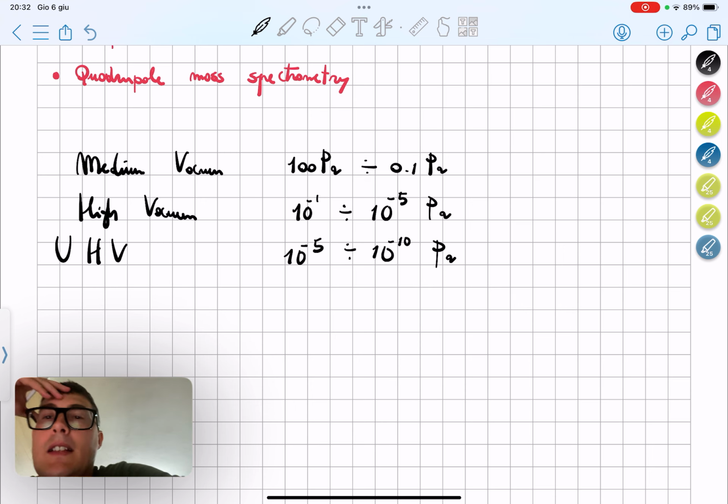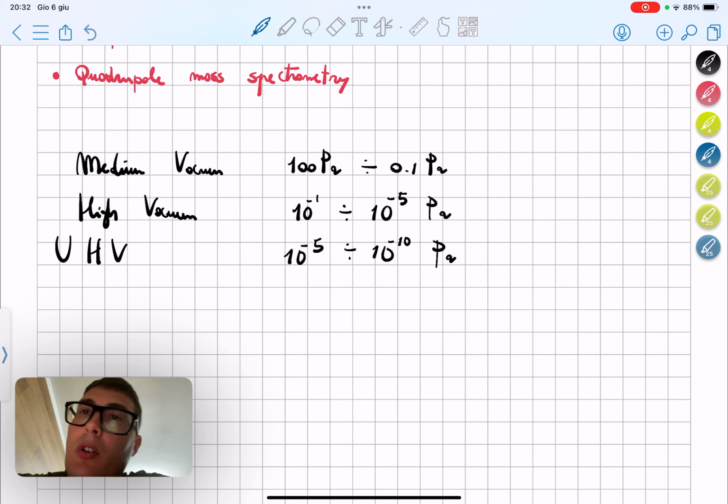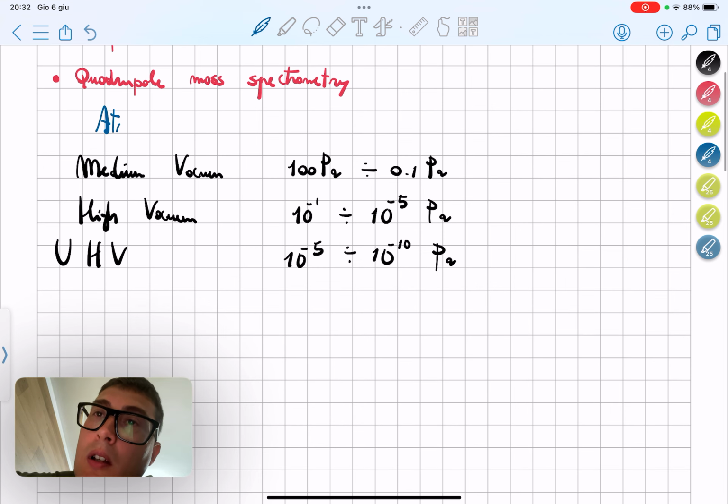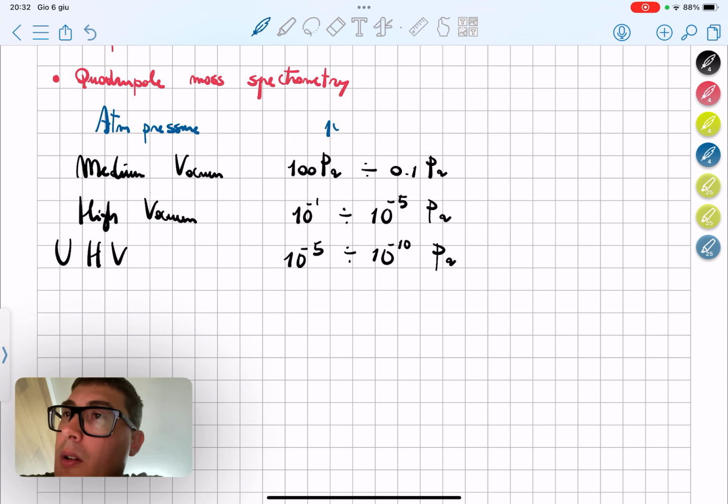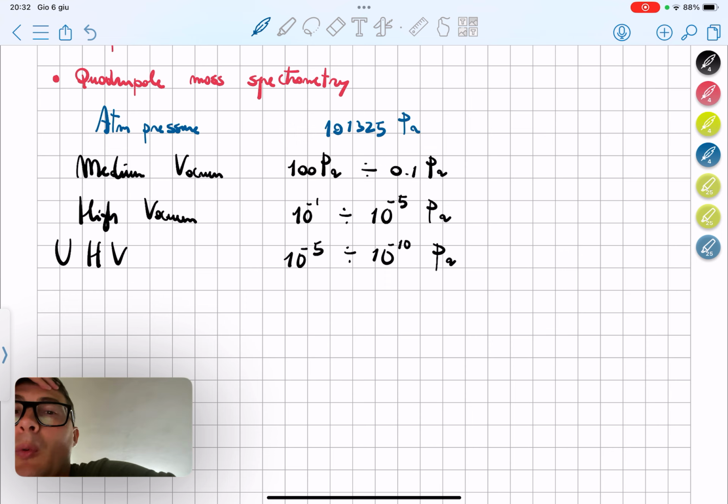So one thing that one needs to remember is that there doesn't exist a pump that goes all the way. Of course, over here we have atmospheric pressure, which is 101325 Pascal.